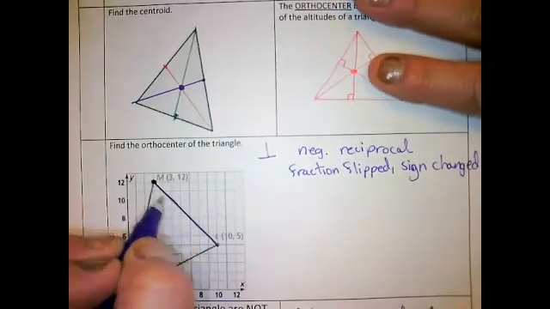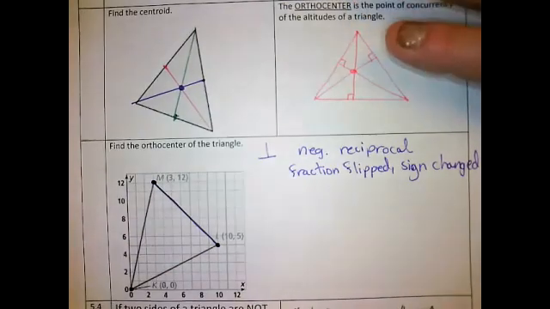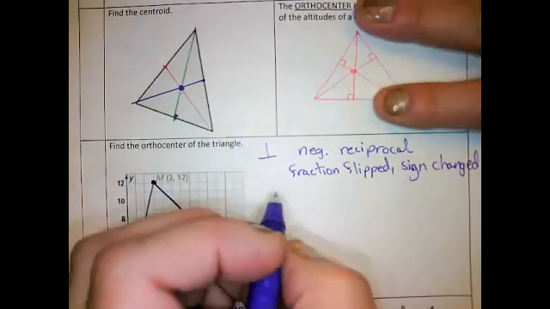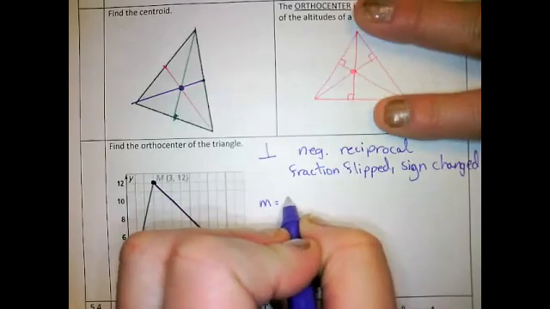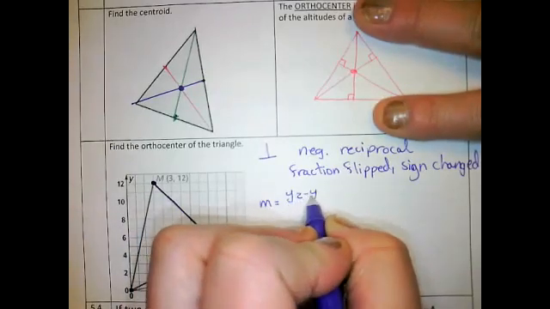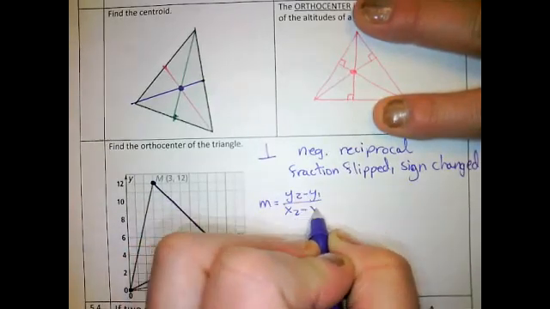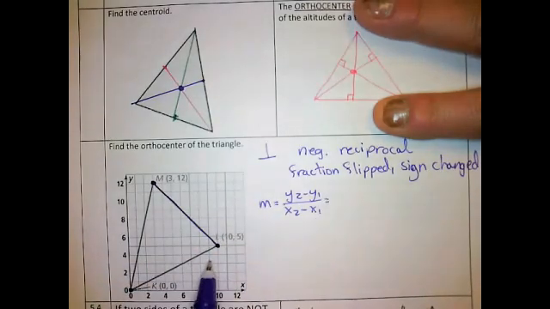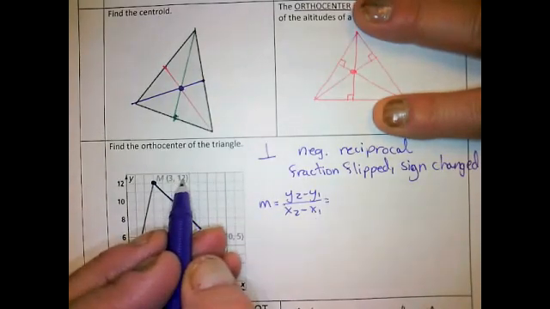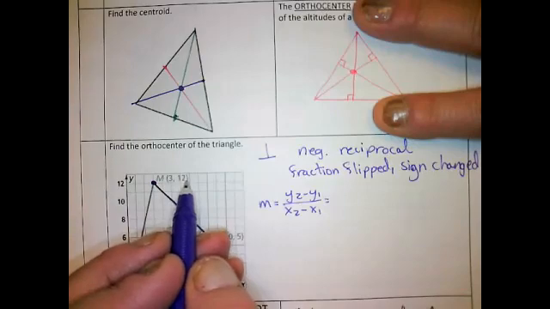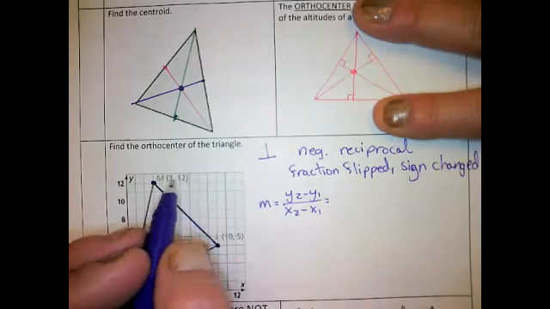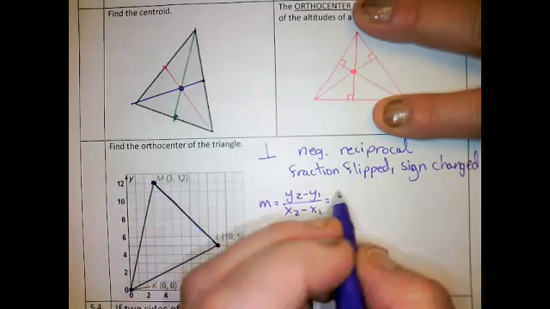So the first thing I need to do, looking at segment ML, is I need to find its slope. Slope, if you'll recall, is y2 minus y1 over x2 minus x1. So I'm just going to plug in those points. I will call M my point 2. So that's going to be 12 minus 5.